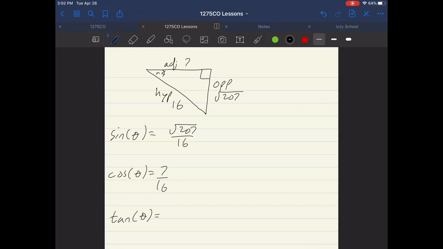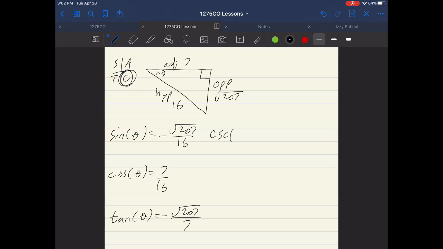We can find the tangent of theta to be opposite, radical 207, over adjacent, which is 7. But remember, based on ASTC, all students take calculus, since we are in the 4th quadrant, that means the sine function is negative. That means the tangent function is also negative.